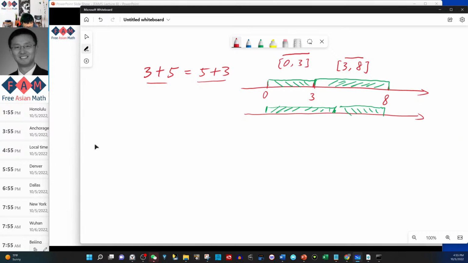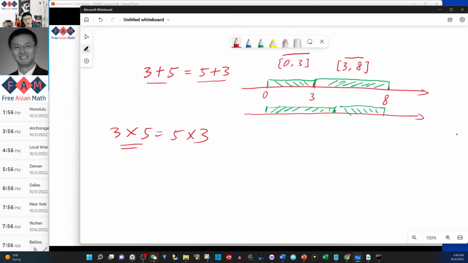Okay, now with addition, we want to see 3 times 5 equal to 5 times 3. Why is that? Well, we do not have something as easy as the addition, but we can explain that. Okay, what is 3 times 5?